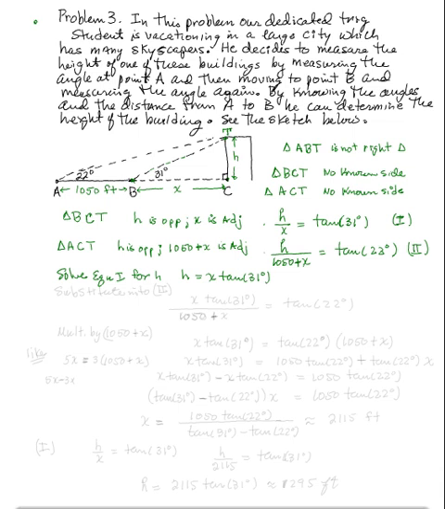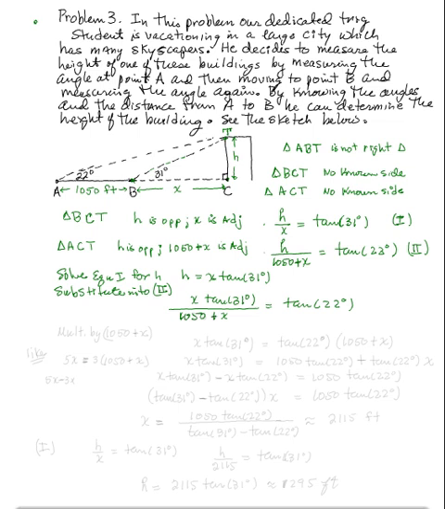Now, once I have that, I can replace the h in equation 2, substitute into equation 2, and that will give me h, which I'm now going to replace by x tangent of 31 degrees, all divided by 1050 plus x, and that's going to equal the tangent of 22 degrees.